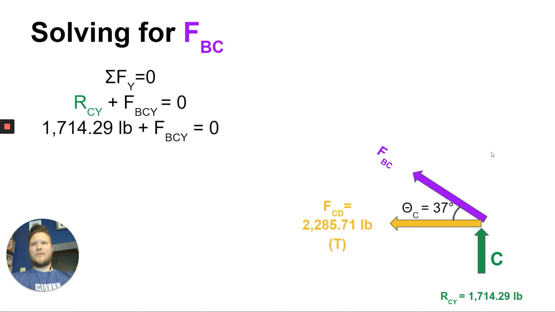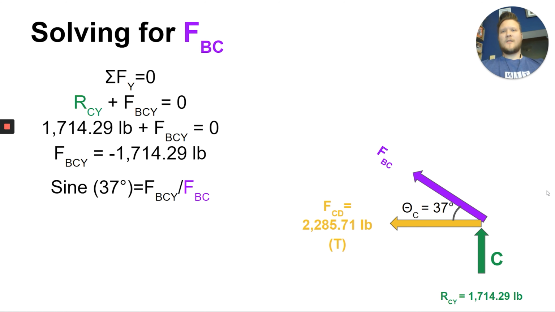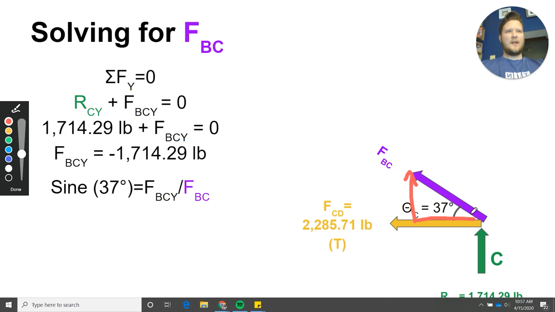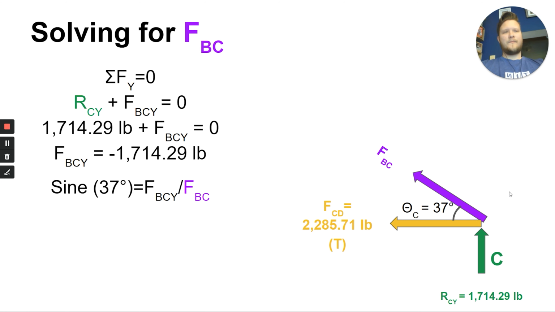So I know that RCy is 1,714.29 pounds. So that means to find FBCy on its own, FBCy has to be negative 1,714.29 pounds. So now that we know what FBCy is, we can use our trigonometry to solve for FBC. Remember, we have a y component and an x component. That y component is opposite my angle, and I'm looking for the hypotenuse, so I'm going to use sine.